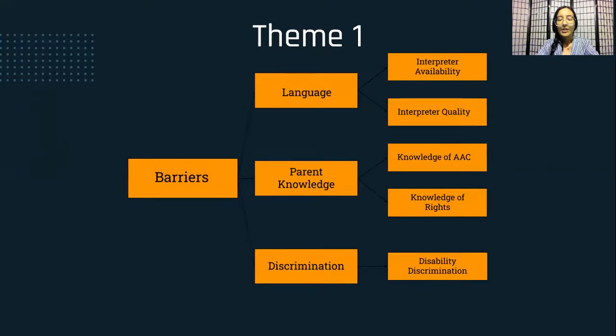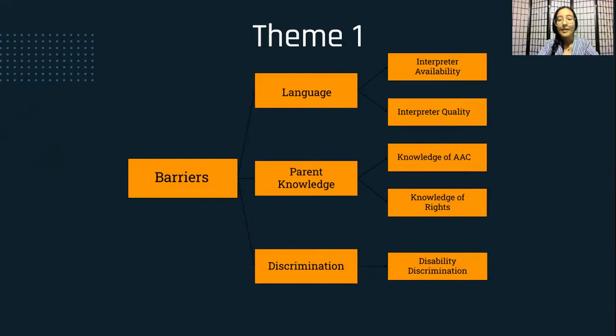Another barrier that she touched upon was parent knowledge. So she mentioned that, especially in the beginning, she was very unaware about what AAC was and very unaware of her rights as a parent, the rights of her child as protected under IDEA, the Individuals with Disabilities Education Act.